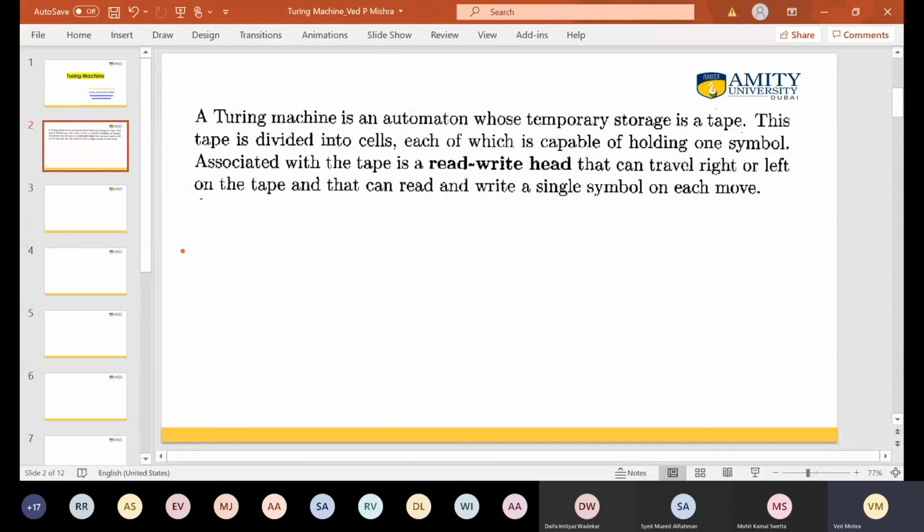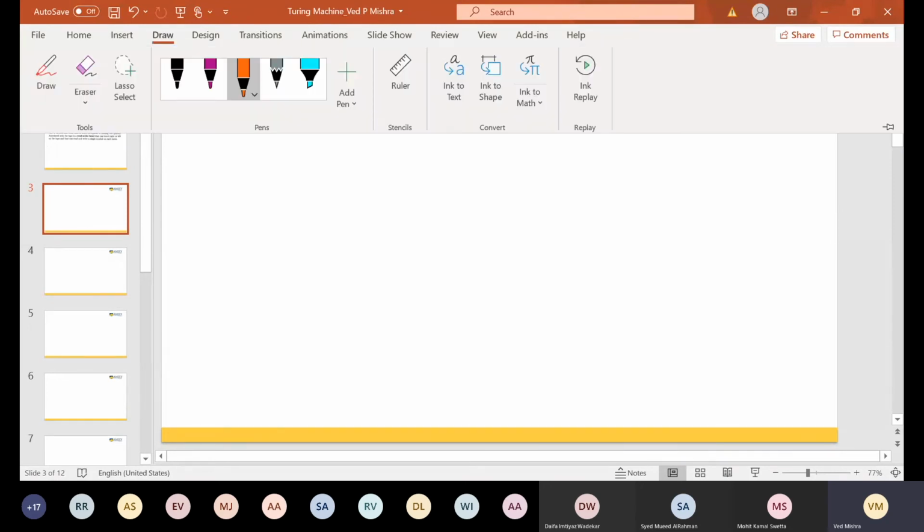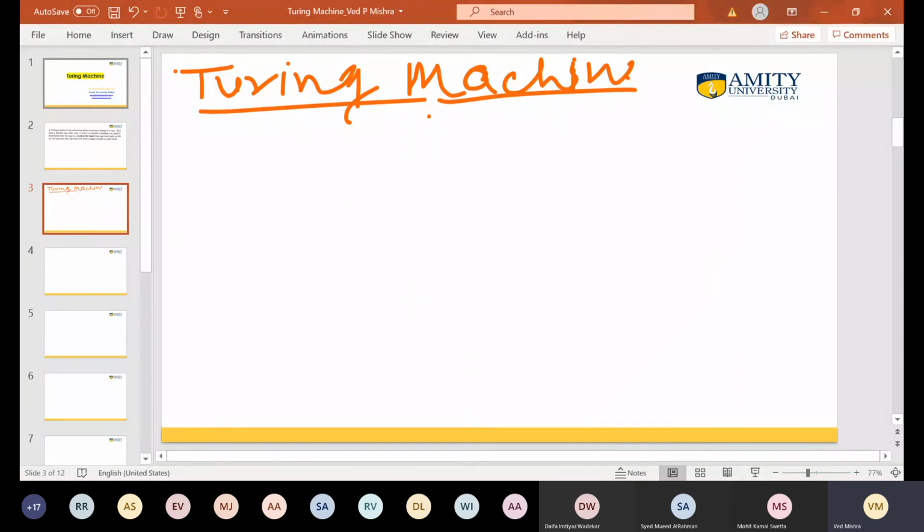So I'll just write here: Turing machine model.